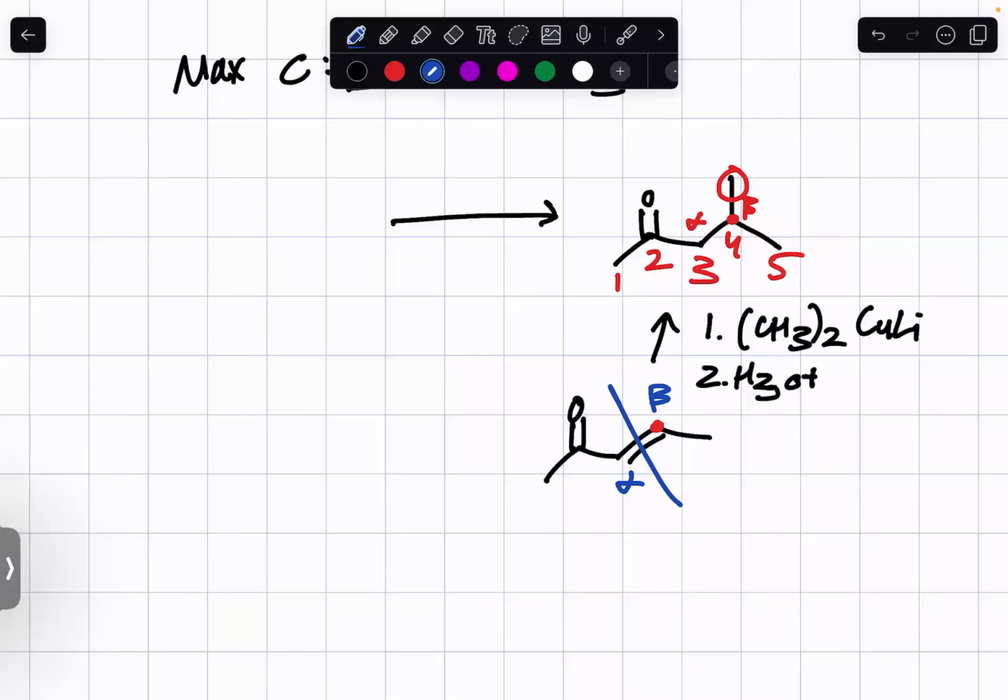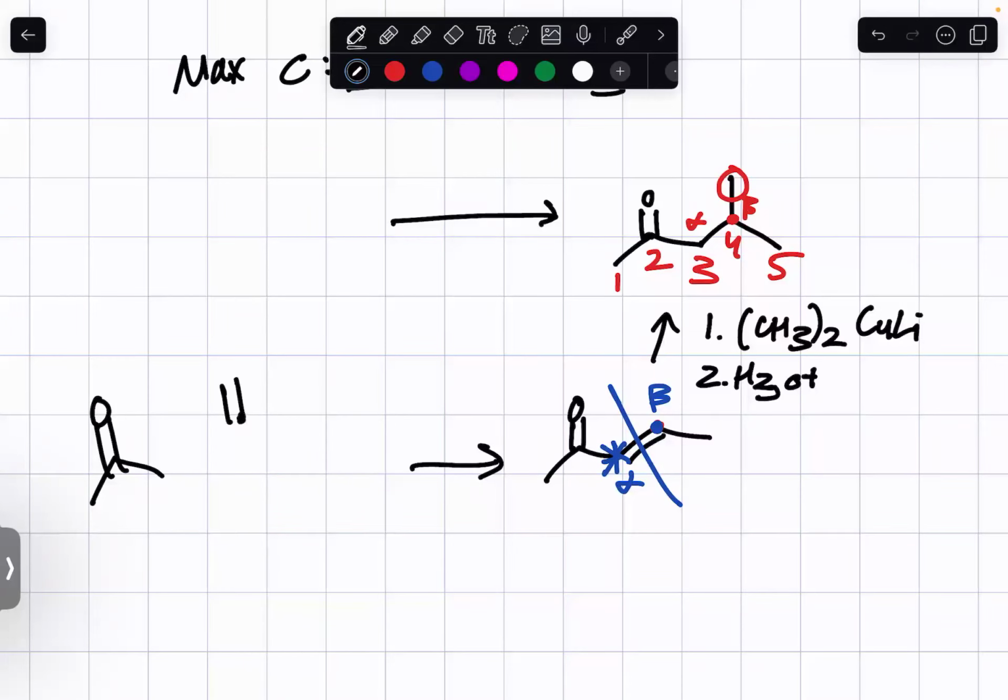The nucleophile would have been the alpha carbon. Right, making the beta carbon the electrophile. Right. So when we make that disconnection and we go backwards here, we have this alpha carbon ketone, and then that makes this beta carbon here, right?